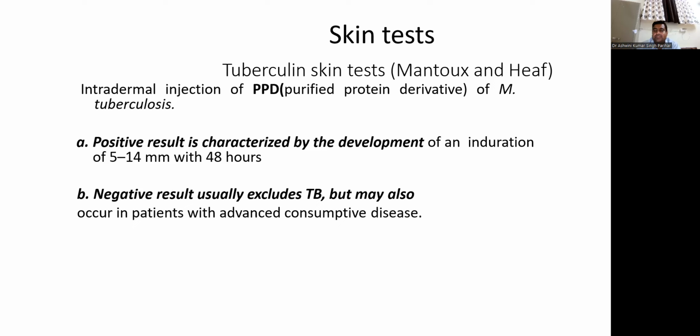If there is development of induration of more than 10 mm, 5 to 15 mm within 48 hours, this is a positive result. A negative result usually excludes TB, but may also occur in patients with advanced consumptive disease, where the patient has developed the severe stage and the organism can overwhelm the PPD response. So the test can be negative.